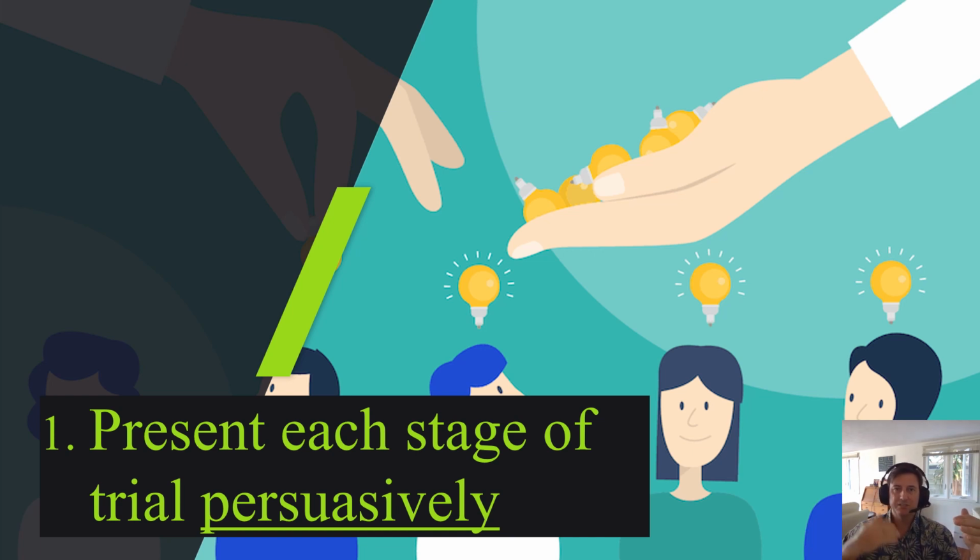So each stage of it, my question, witness's answer, every bit of it coming out is designed to do one thing, to persuade my jury to act the way I want them to act, to compel them to move the way I want them to move. And it's the same thing more obviously with argument. I wouldn't be arguing to someone, not with someone, unless I wanted to compel them to move, unless I wanted them to go with my side. So present each stage.